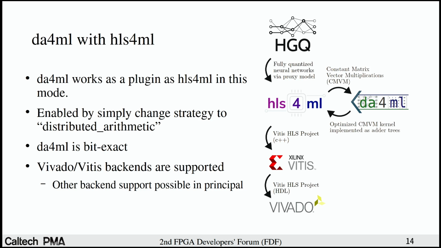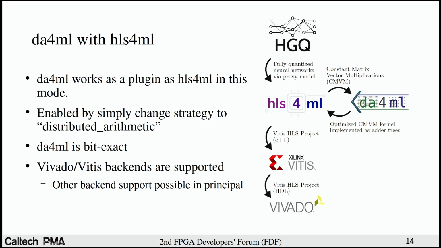Because we have fully heterogeneous weights and activations, there can be some overhead if you implement it on DSP or other fixed-weight logic. Distributed arithmetic is likely a perfect solution for this, because sparsity is no longer relevant if you transform it into an adder tree.